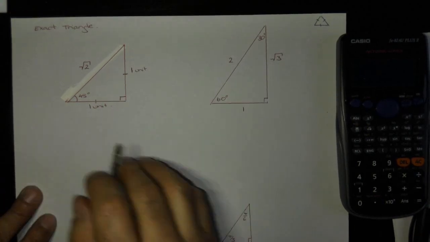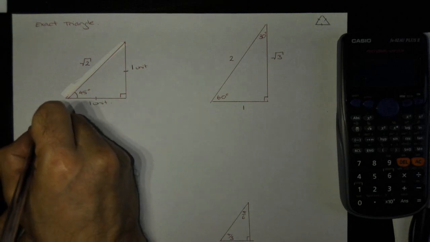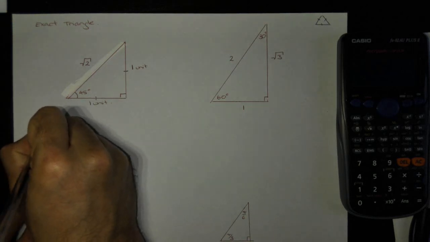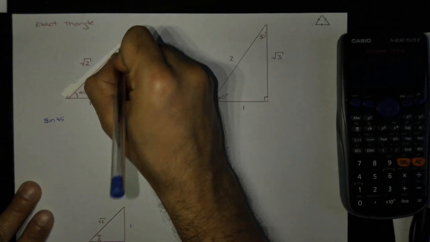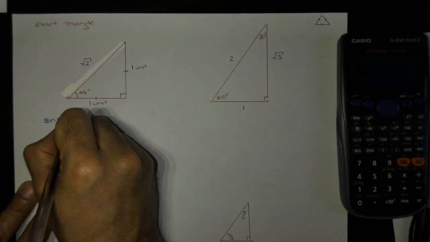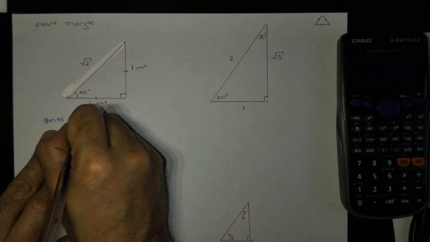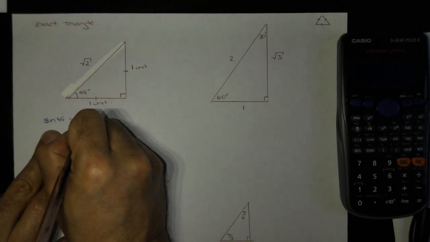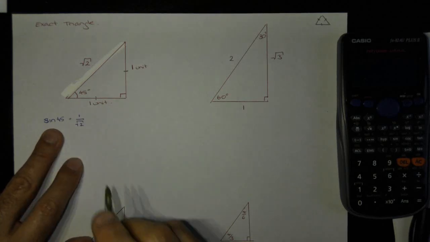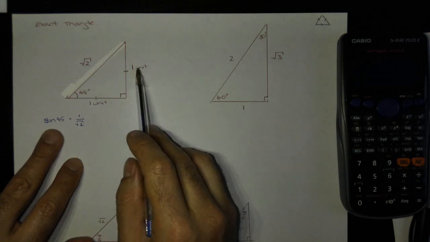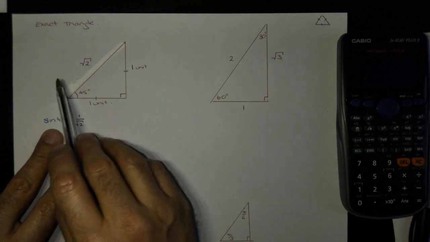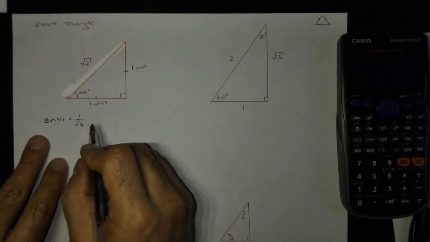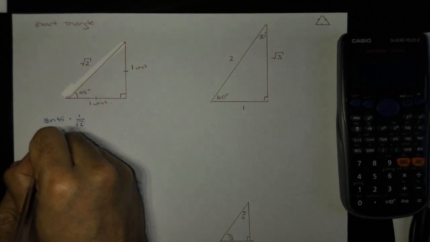So if I want to find what sine 45 is, that also means that this angle is 45 degrees as well. Sine 45 is the opposite over the hypotenuse, so it's going to be 1 over square root 2. And we found that square root 2 because 1 squared plus 1 squared is 2, so the hypotenuse is the square root of 2.